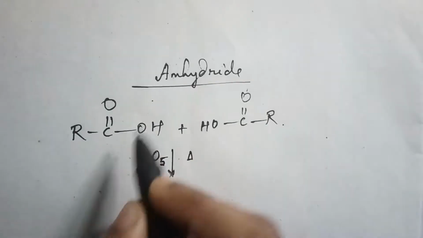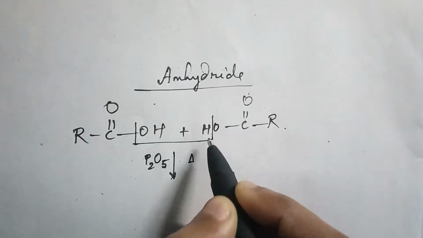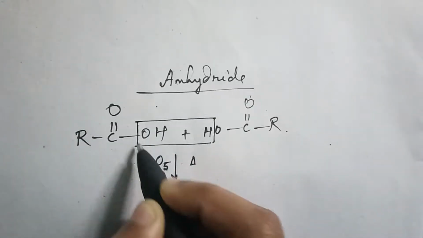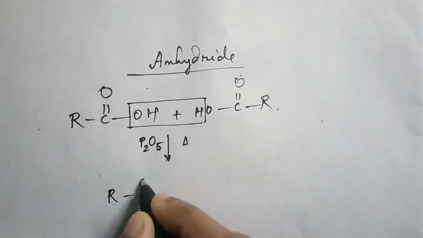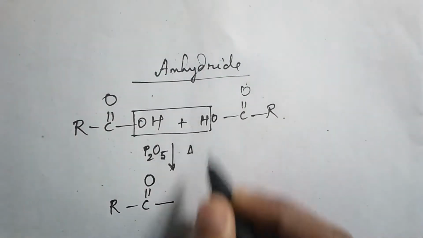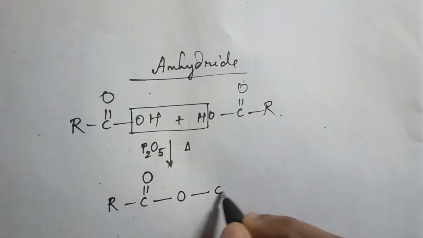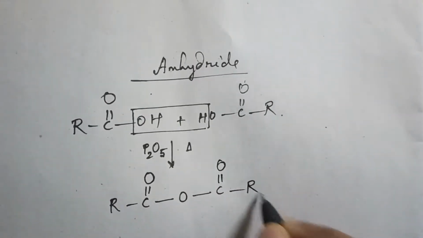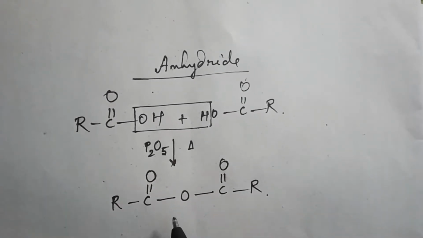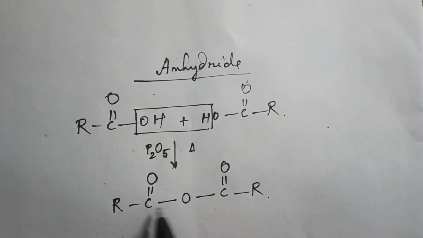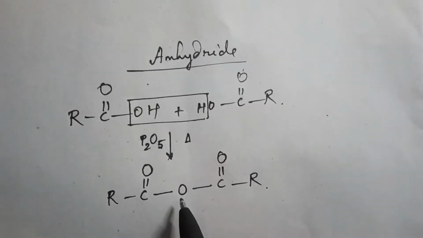From these two acids, H2O will be removed and the product will be RC=O, then this O, C=O, R. So this is anhydride compound, where you can see one oxygen atom is present between two carbon atoms, right?